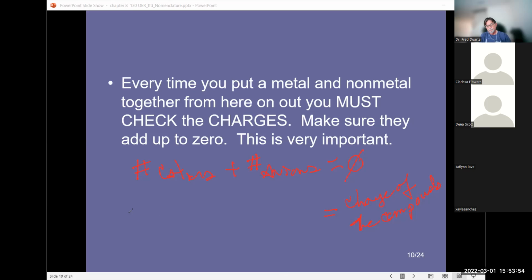For example, we have NO3 -1, that's a nitrate. I meant nitrate, and I wrote down nitrite. Okay.